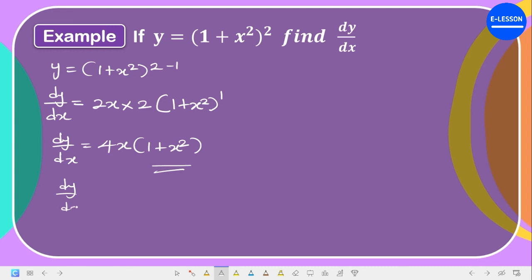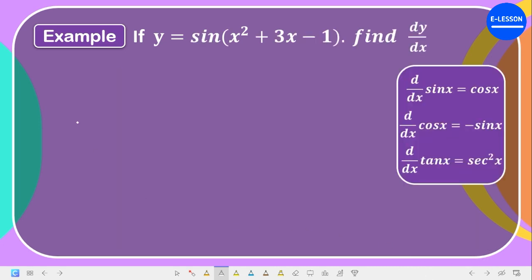This will give us dy/dx equals 4x times 1 is what? 4x. Then plus 4x times x squared is 4x raised to the power of 3, because x times x squared will give us x raised to the power of 3. And this can be written as dy/dx equals 4x³ plus 4x. That is the solution to that question.